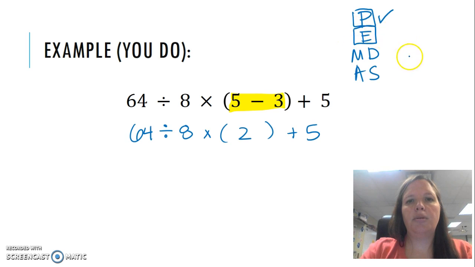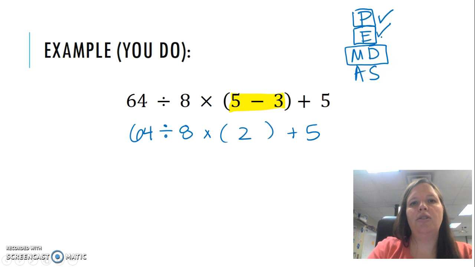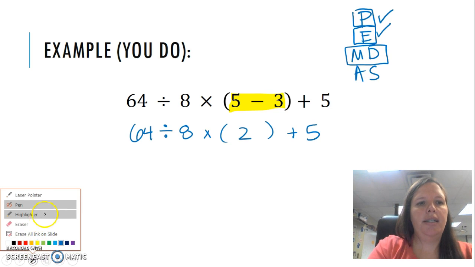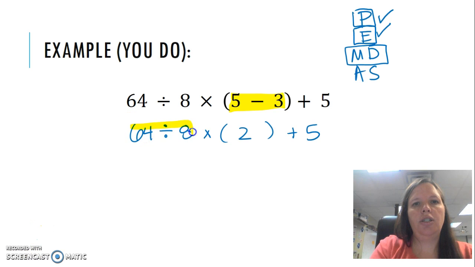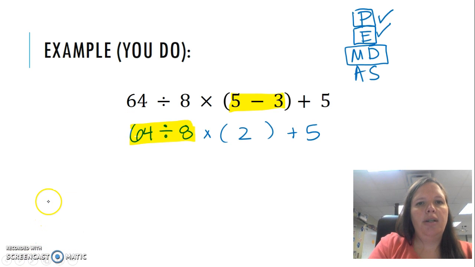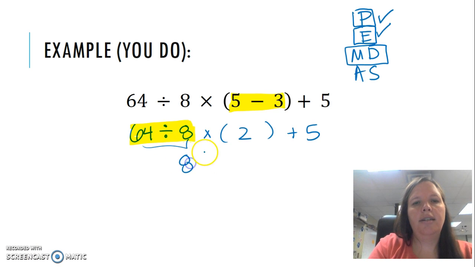Exponents, I don't see any exponents, so I must be done. Next priority, multiplication division, left side to right side. So the first place I encounter multiplication or division is 64 divided by 8. 64 divided by 8 gives me an 8. I'm going to copy down everything that is not highlighted.